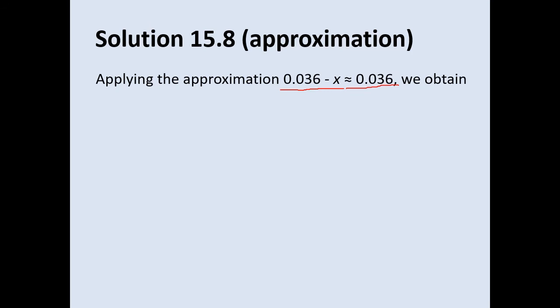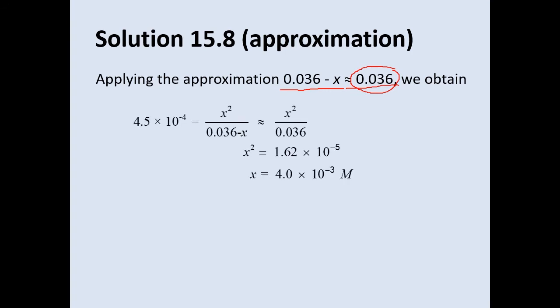So we just consider that 0.036 minus x is almost the same as 0.036, right? So with this approximation, we get that x is this amount.